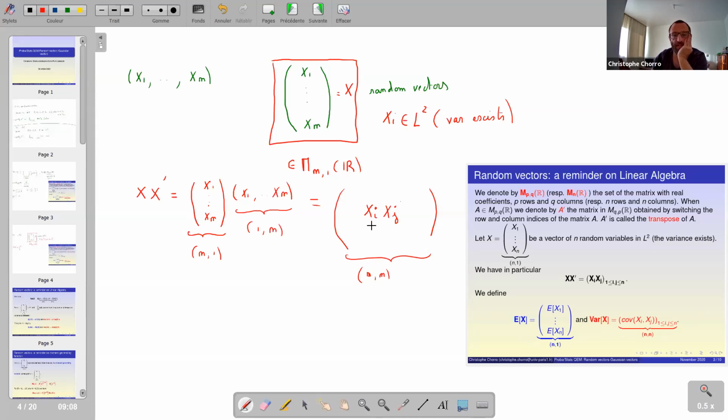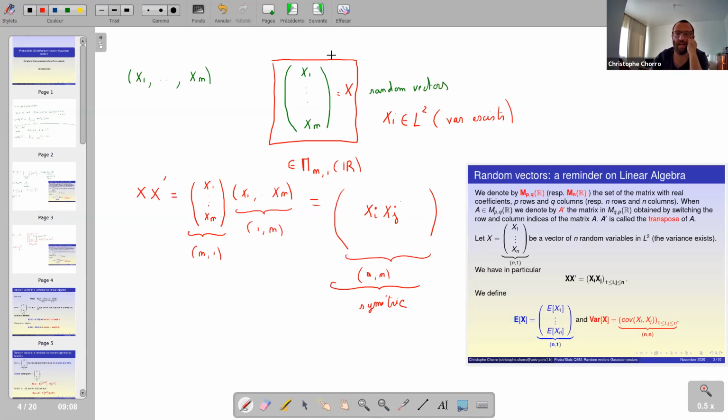So I have a matrix that is symmetric, because if I switch the lines and the columns, I obtain exactly the same matrix.